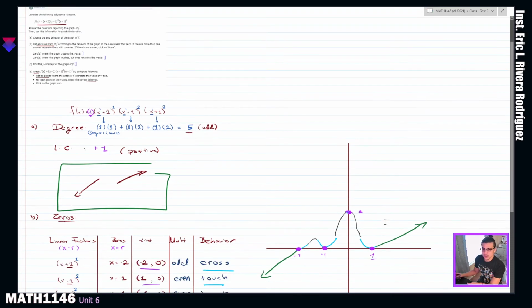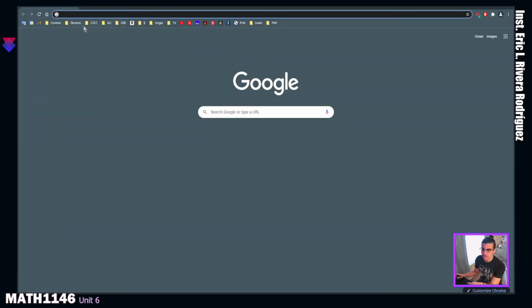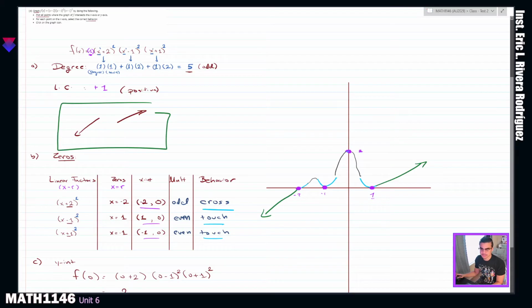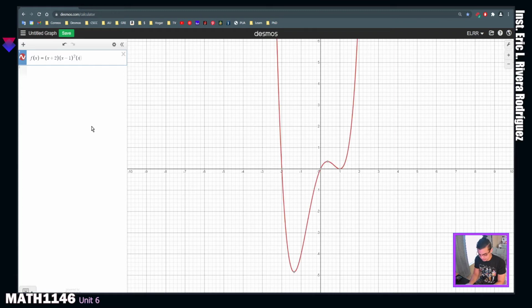One thing that you can do, if you want to make sure that everything here is correct, let's go to Desmos. Desmos is a free graphing calculator website. What was it? x plus 2, x minus 1 squared, and then x plus 1.